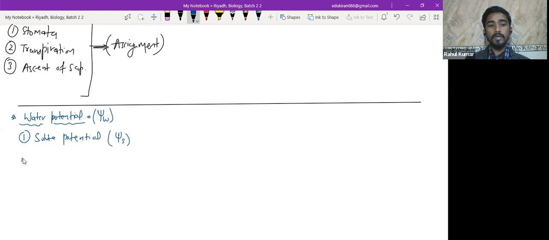And what was the other factor that was affecting the movement of water during osmosis? Or how were we able to calculate the osmotic pressure for that matter? Remember osmotic pressure? Yes, Mariam. Pressure gradient. Yes, right.